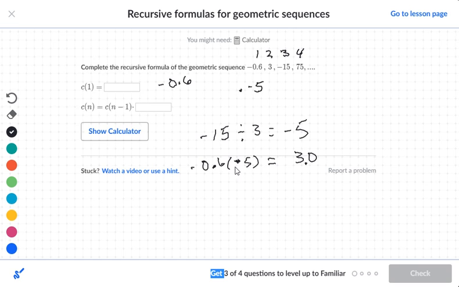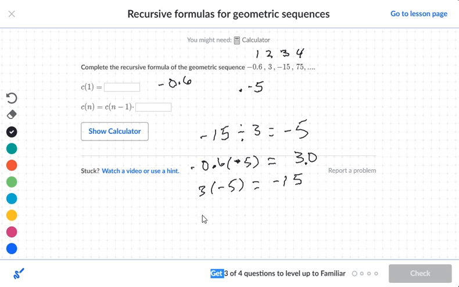This is also a negative and this is a negative, so both negatives become a positive. So there's our 3. Now for the 15, we could say 3 times a negative 5. Well, 3 times 5 we know is 15, but we do have the one negative sign, so it's a negative 15.